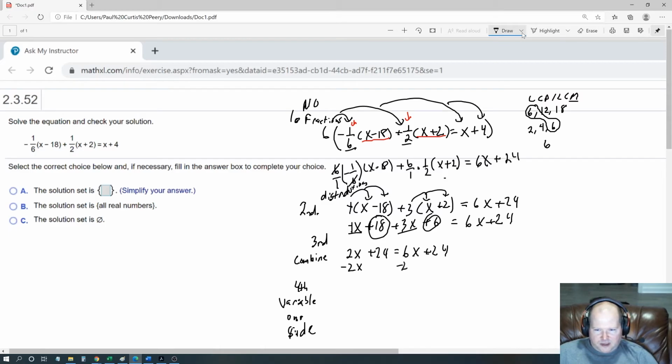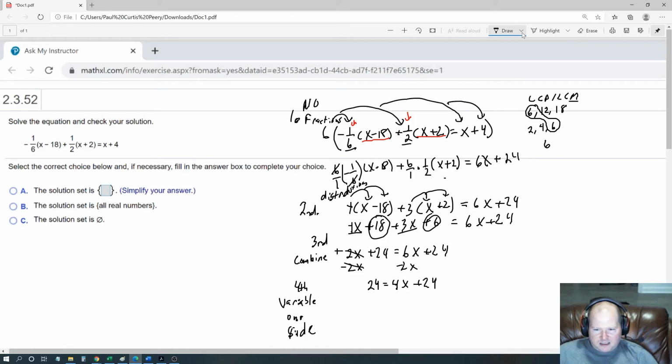I subtract 2x from both sides, because whatever I do to one side I do to the other to keep the equation balanced, otherwise it's no longer equivalent. So 6x minus 2x is 4x, and we still have the positive 24.